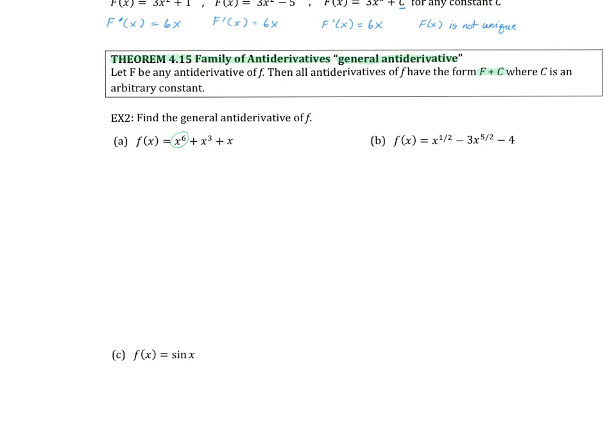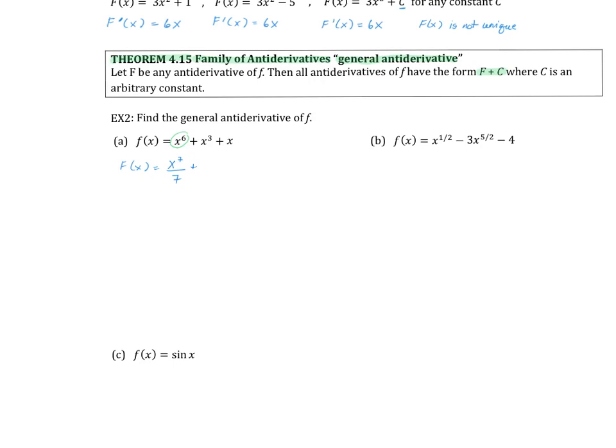So I would multiply by 6, and then I would subtract 1 from the exponent. So we're going to do the opposite for the antiderivative. Our antiderivative is, we're going to add 1 to the exponent. So now x to the 6 becomes x to the 7. And instead of multiplying by this 7, we're going to divide, so opposite.